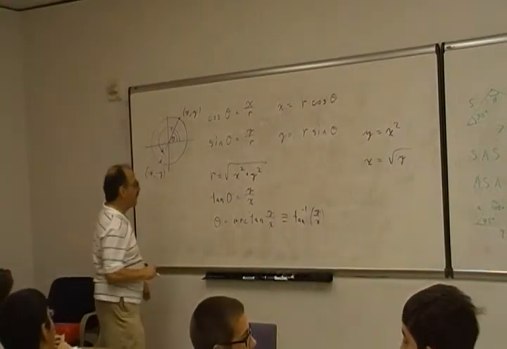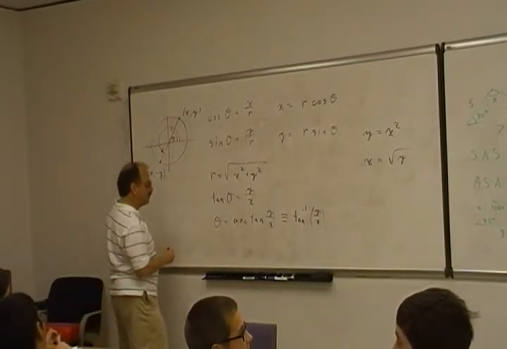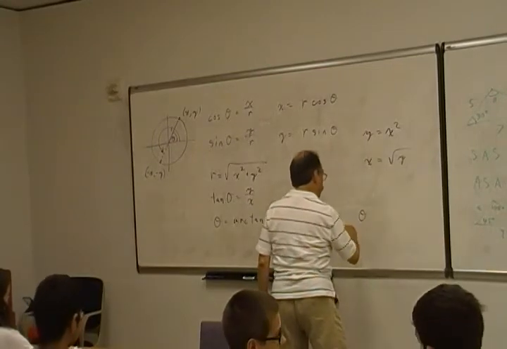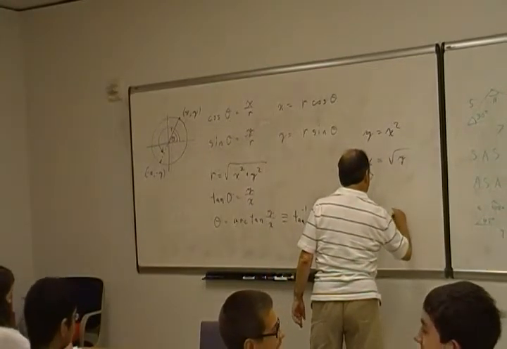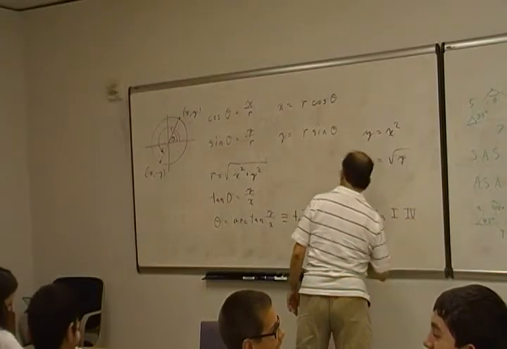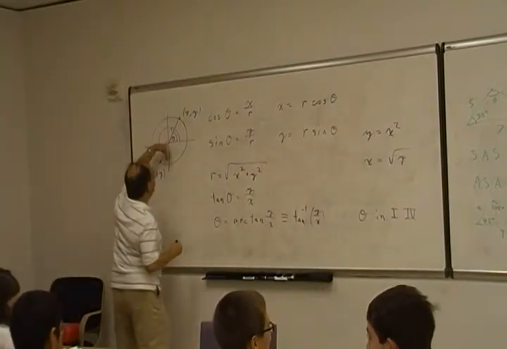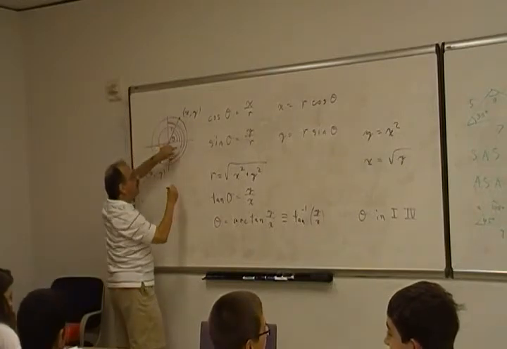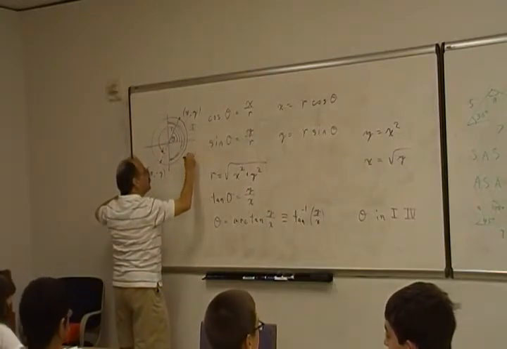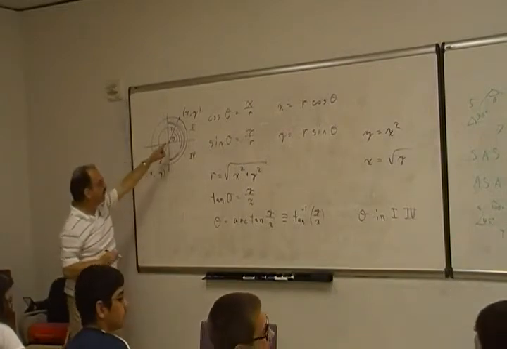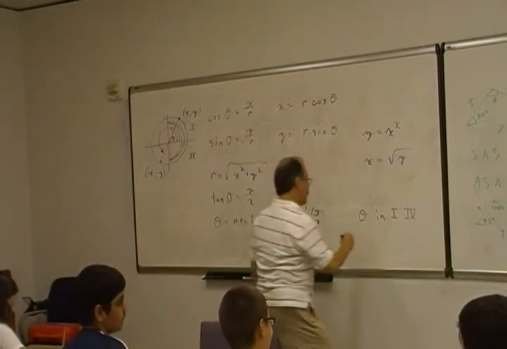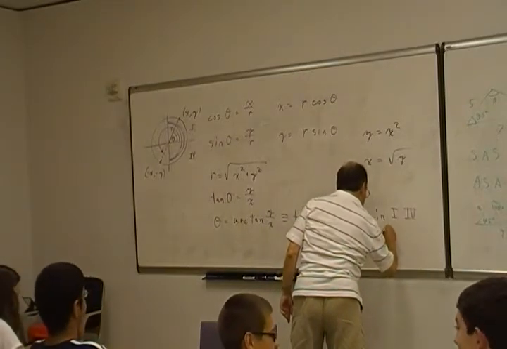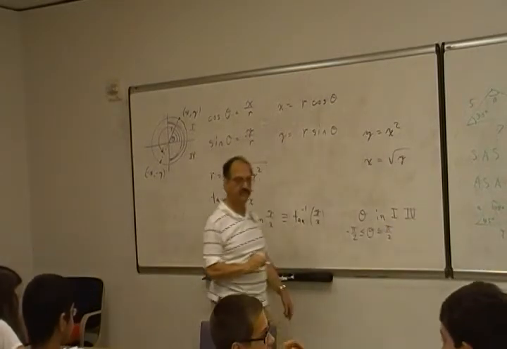Here, the arctangent always gives an angle theta in quadrant 1 or 4. The angle theta will always be between minus pi over 2 and pi over 2.